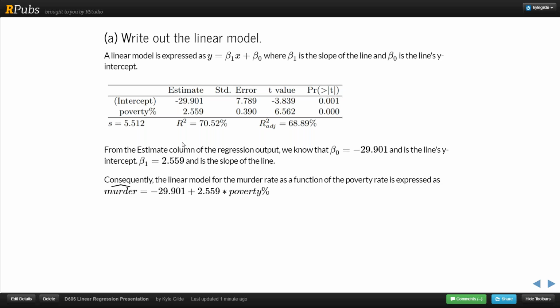Beta 1 is approximately 2.6 and is the slope of the line. Consequently, the linear model for the murder rate as a function of the poverty rate is murder hat equals approximately negative 30 plus 2.6 times the poverty rate.